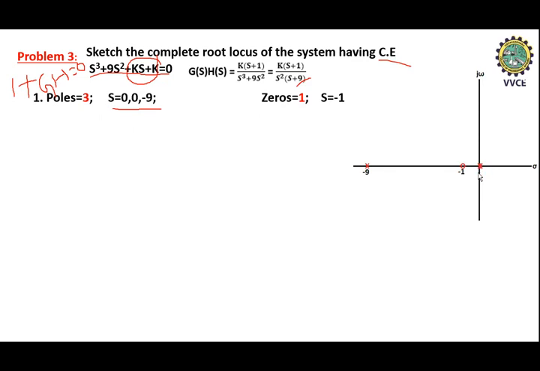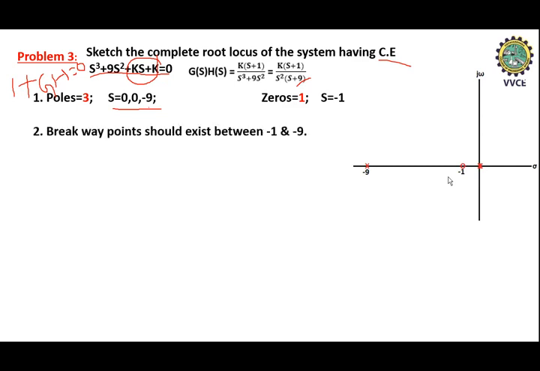I already located the poles, where x indicates the poles: 2 poles at 0 and another pole at minus 9. The zero should be in the form of a circle, at minus 1. Like this you need to locate all the poles and zeros on the S-plane.